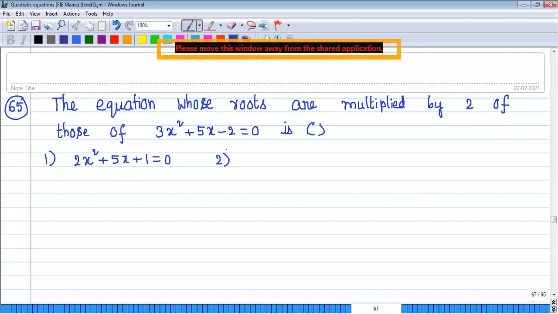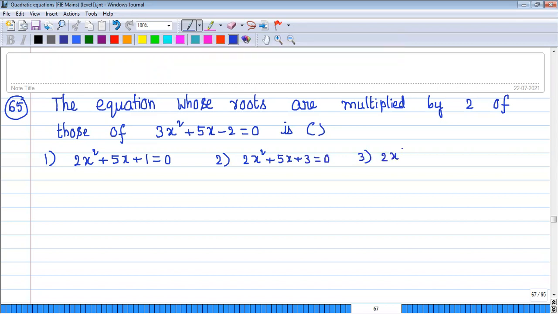Second one: 2x square plus 5x plus 3 equals 0. Third one: 2x square minus 11x minus 18 equals 0. Fourth option: 2x square minus 11x plus 13 equals 0.